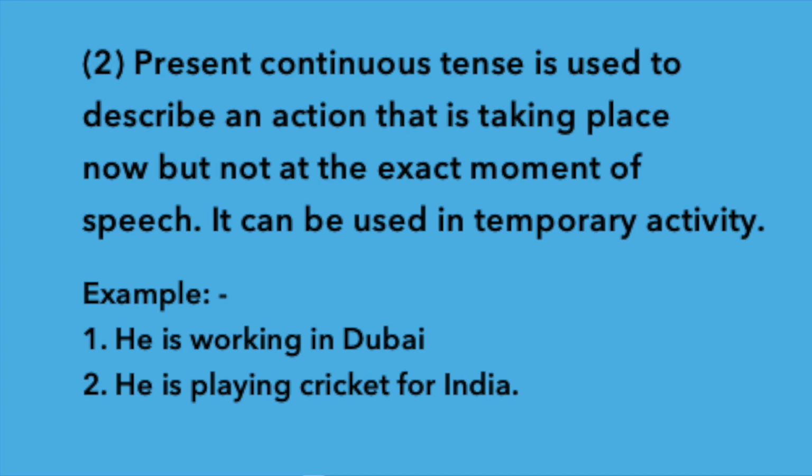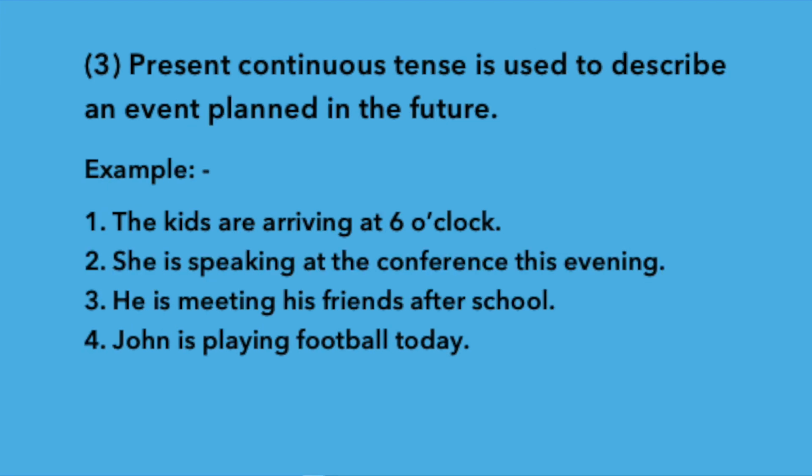Okay, so here we can use the present continuous tense for the action that may not be happening exactly now, but it's happening just before and just after now. It's not a permanent action. It's temporary action. Okay, let's move on to our next point.